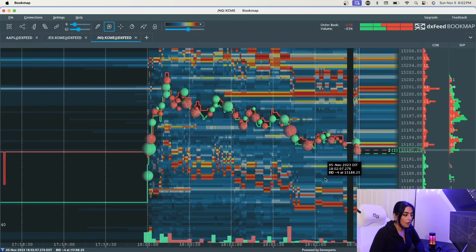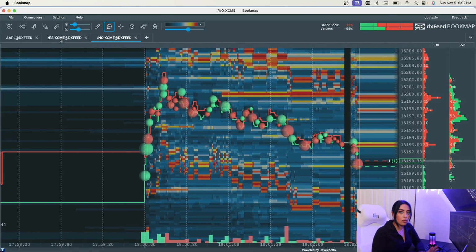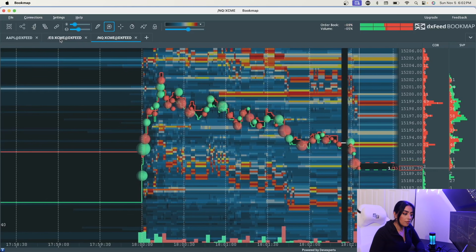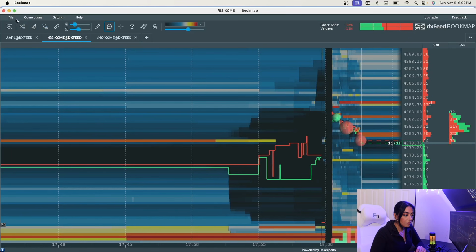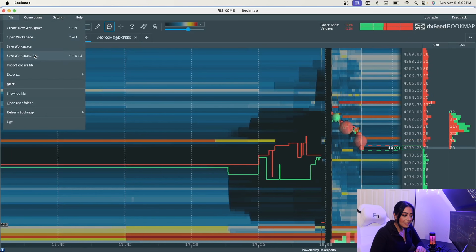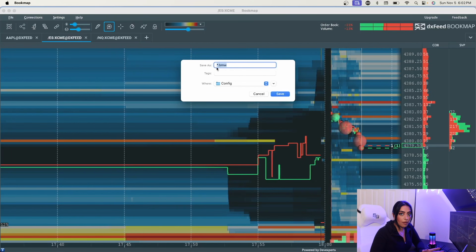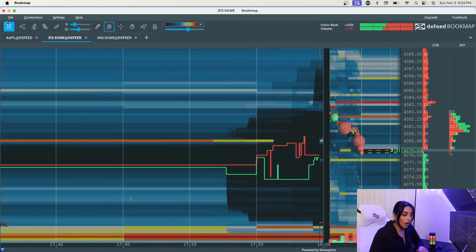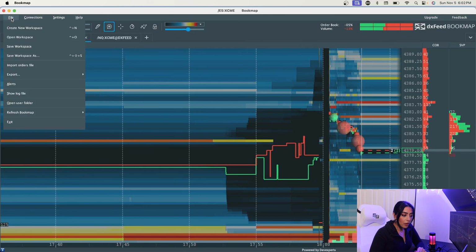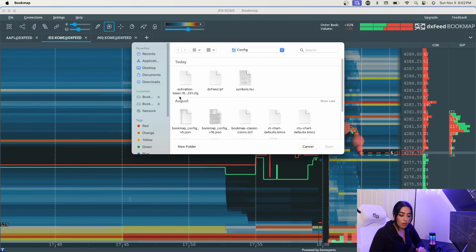All right. Once you have your setup here and you have all of the tickers you want to watch, you can then hit File, Save Workspace As, and save it to whatever you want to name it. The next time you open Bookmap, you want to hit File, Open Workspace, and open whichever workspace you named it under.